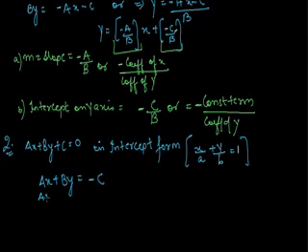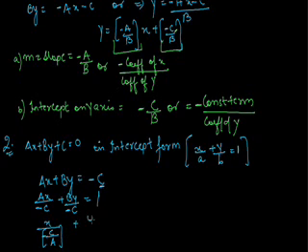I can say that ax upon minus c plus by upon minus c equals 1, as I have moved the c to the denominator. Or I can say x upon, if I bring a down, it will be minus c upon a, plus y upon minus c upon b equals 1.